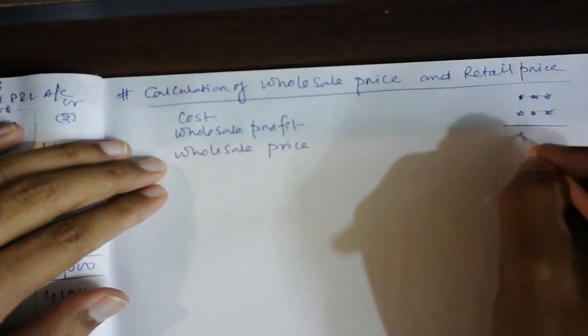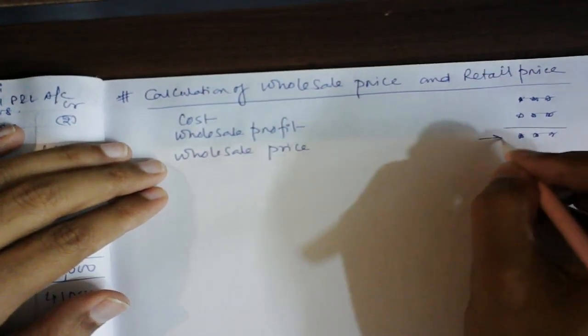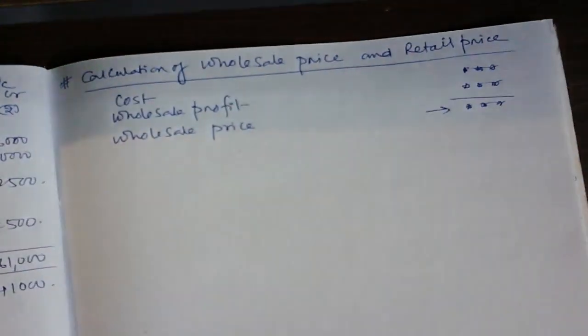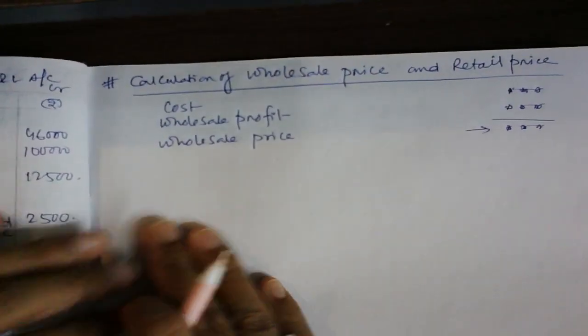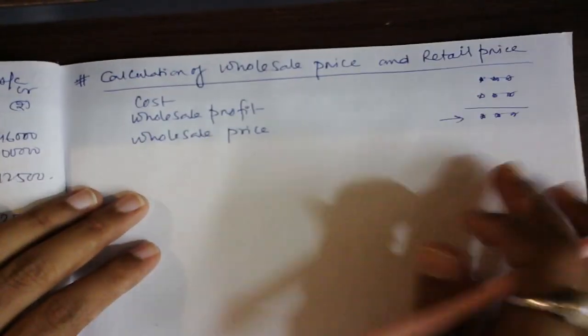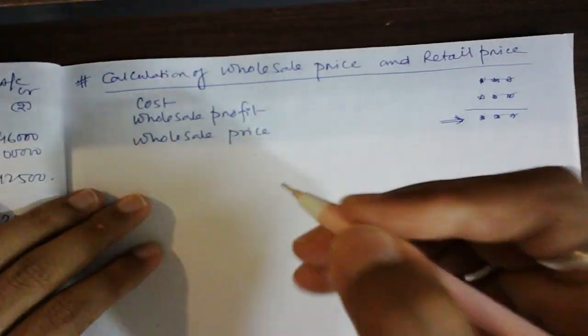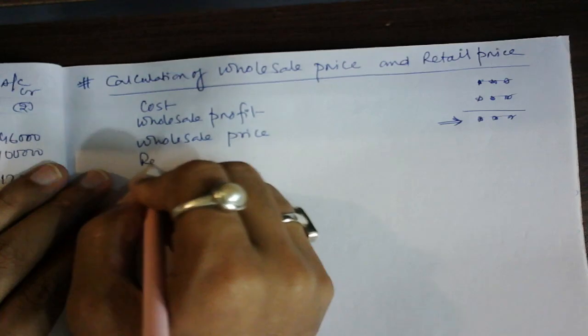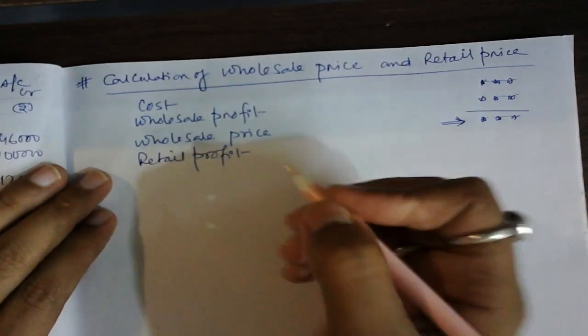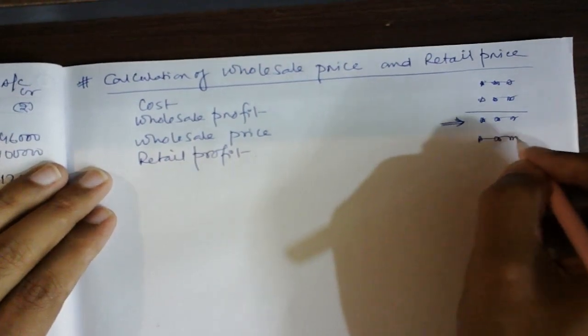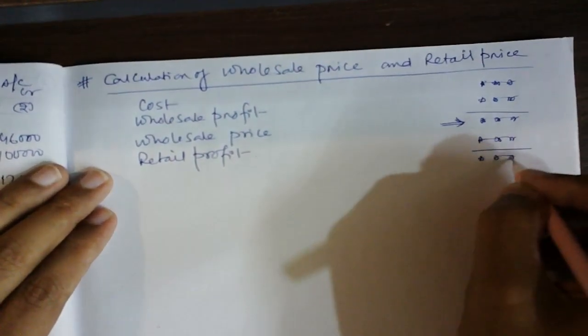So if we add these two, we are going to get the wholesale price. Perfect. We know that, that is what we have done here. So cost and then wholesale profit is equal to the wholesale price. That will be the wholesale price. And then what we need to do? We need to add the retail profit. Then we are going to get the retail price.